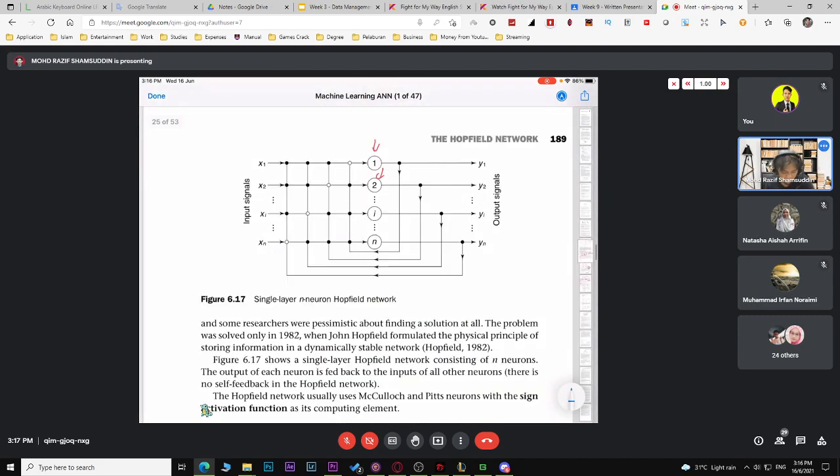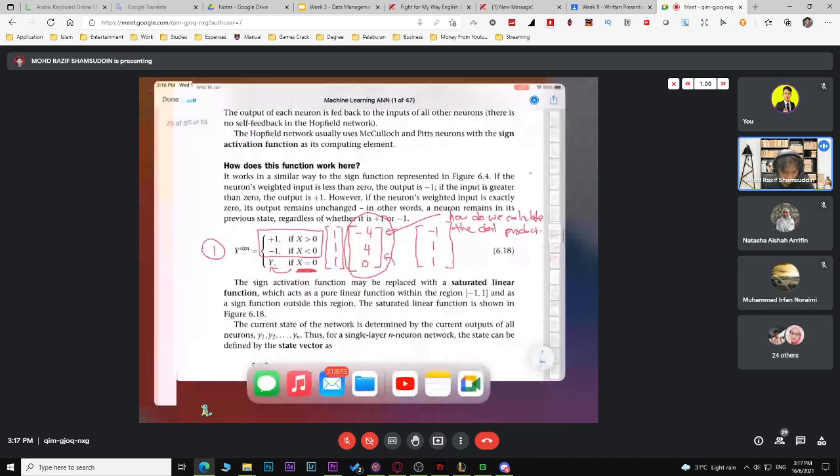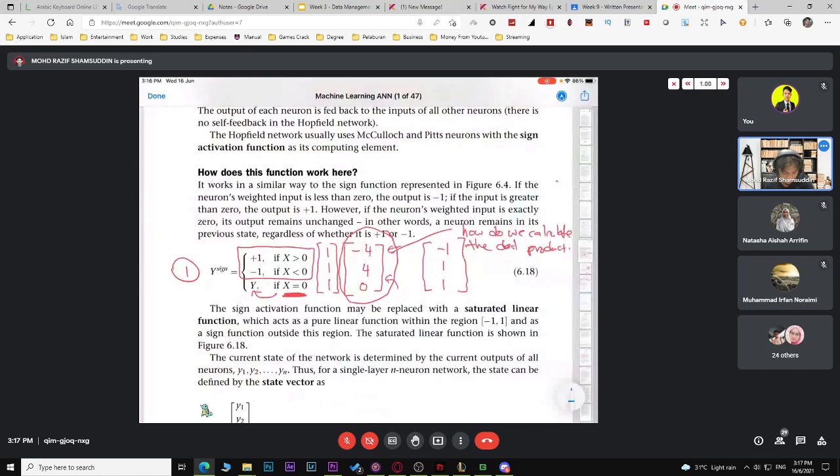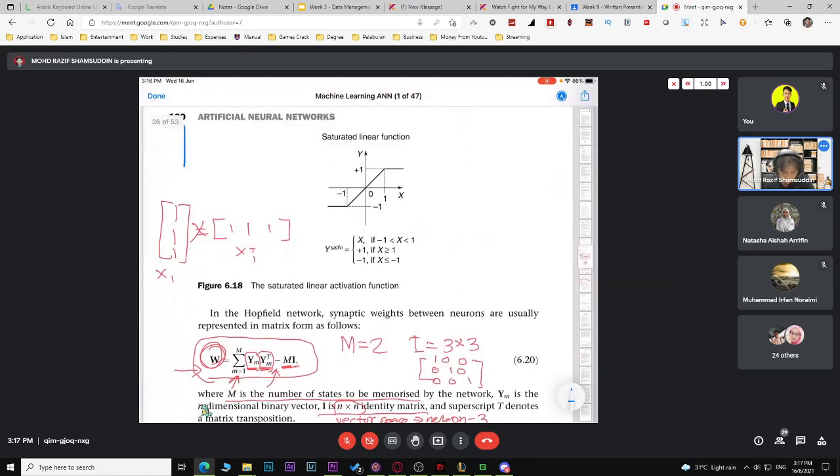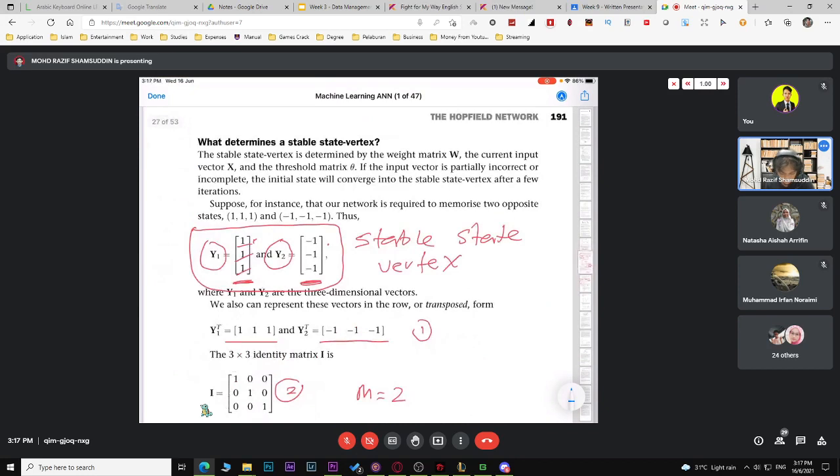Panjang cerita yang ni. Ada dua je kan stable state kan, dia nak memorize. So the label is actually the input itself. Input dia adalah dia punya label.